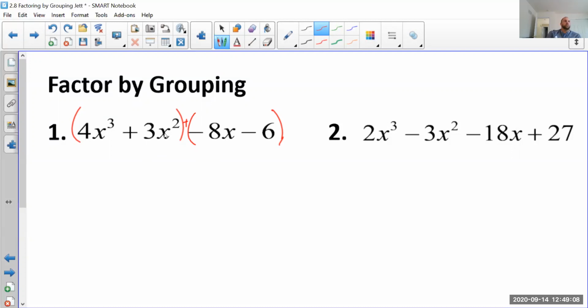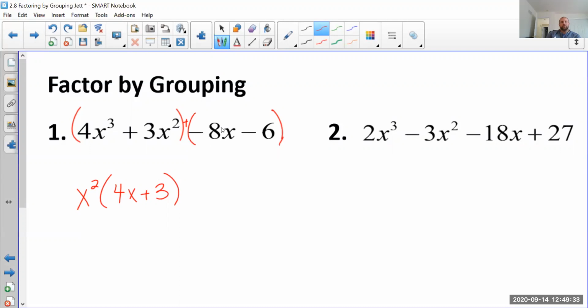Okay, pull a GCF out of the first grouping. So that's going to be x squared. Leaves me with 4x plus 3. Now here's where that important piece is. When I factor a GCF out of here, my GCF is going to be negative.